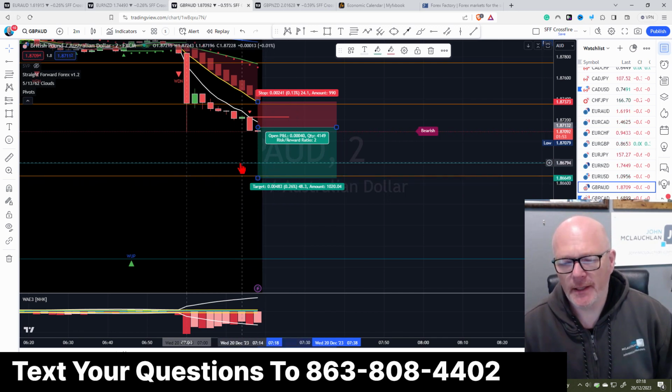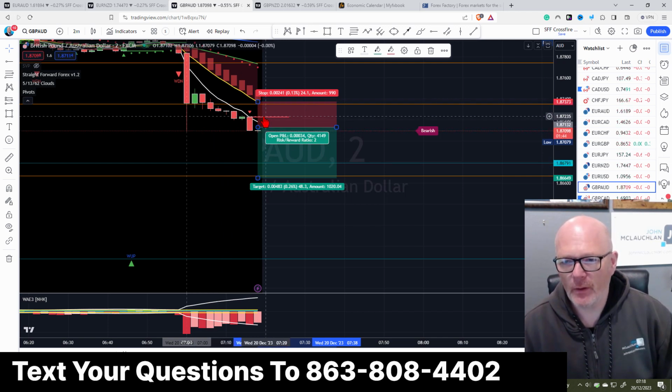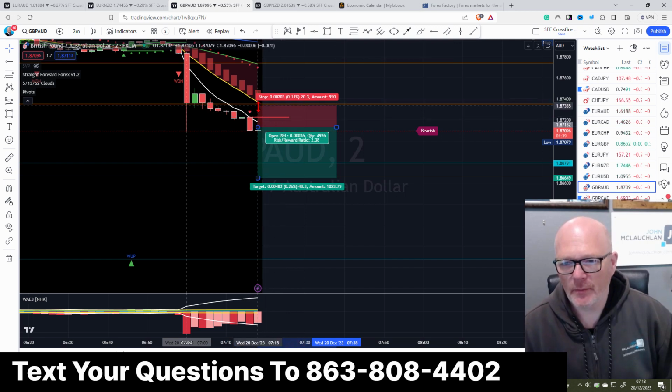Ideally this is our first area you want to be looking at. So what we could do as part of this strategy, we've got this line which represents this engulfing candle, and potentially we could take it just above that.